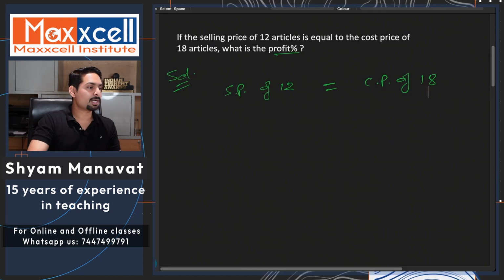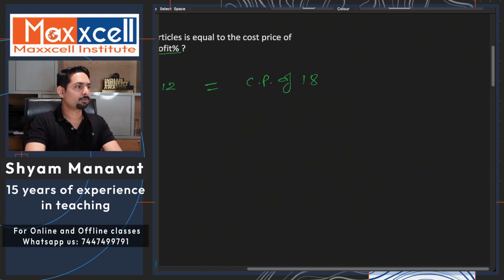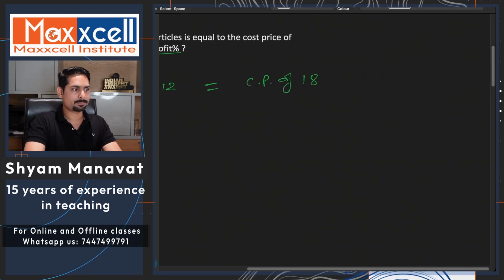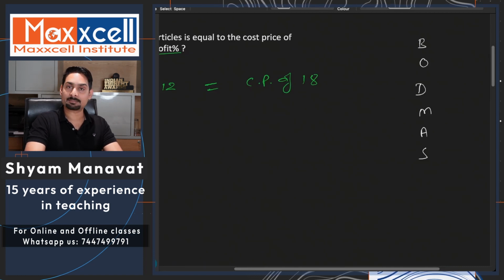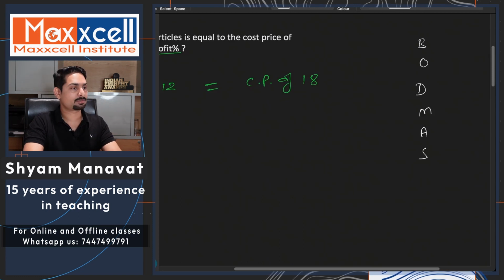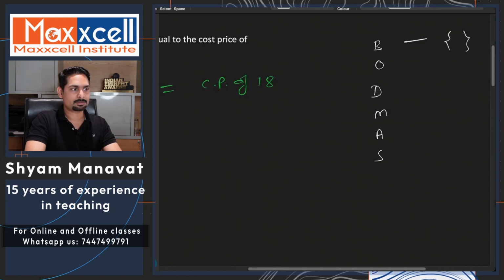So how do we calculate this? I hope you remember the BODMAS rule. We have discussed BODMAS in the percentage lectures also. BODMAS stands for brackets, and in the brackets also we have priorities.